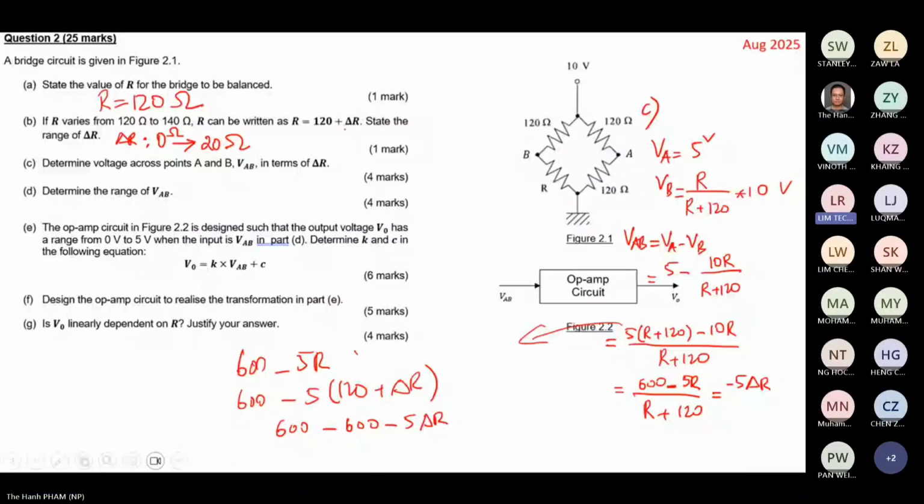Shouldn't the delta R be R minus 120? Yes, but here I have R, and they ask me for the result in terms of delta R, so I have to change R to delta R. The R is given by 120 plus delta R, so I put it here.